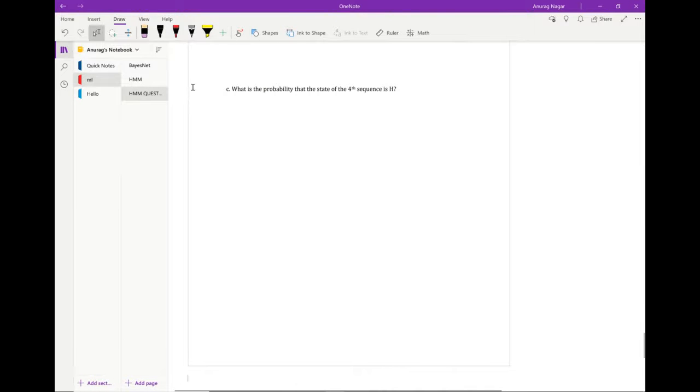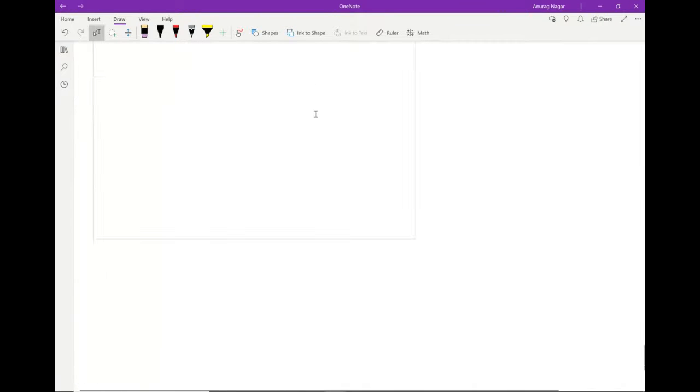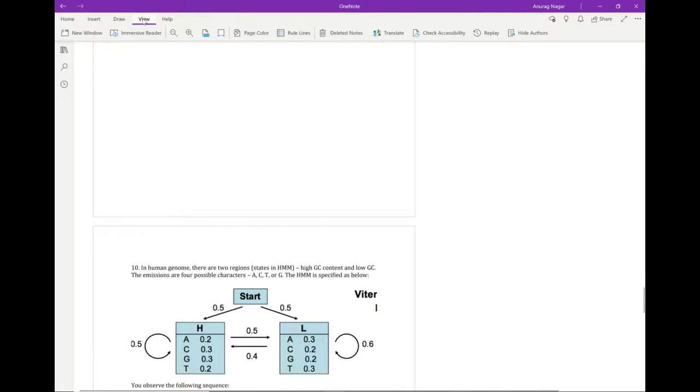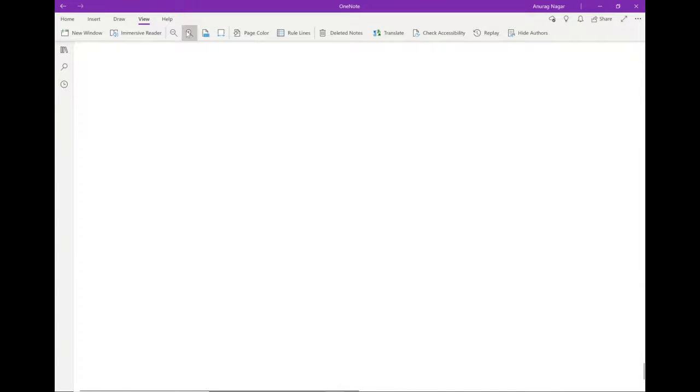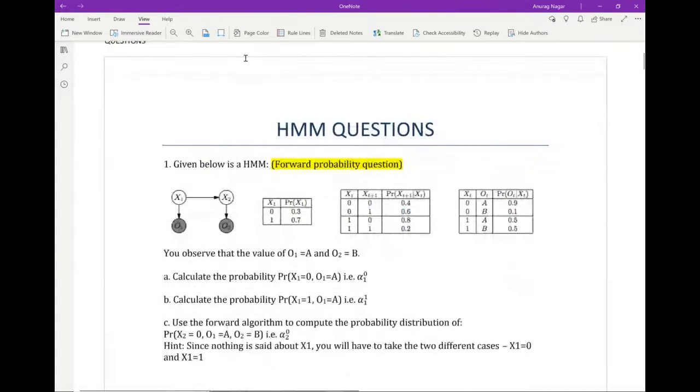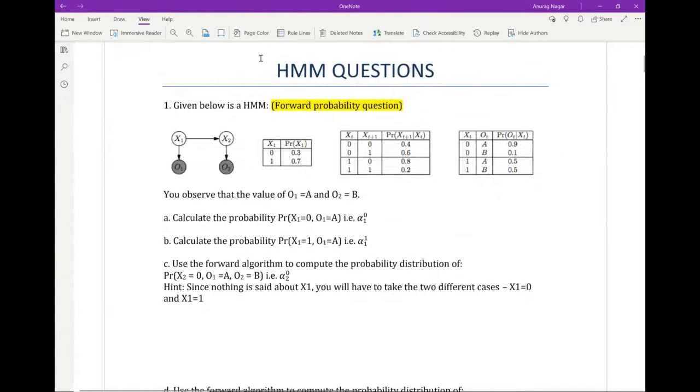Now there are some practice questions based on that I have posted, and let's go back here and look at some of the questions. Okay. This is kind of the same question that I had earlier.